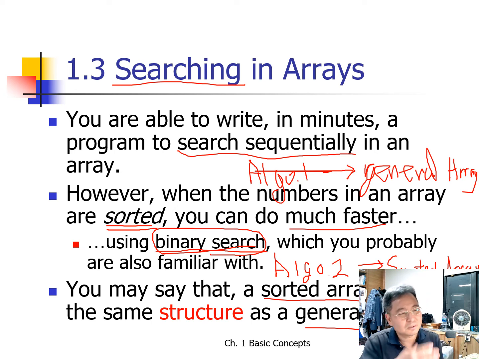Both algorithm and data structure are tightly correlated, or tightly coupled. We cannot think separately about algorithm or data structure. We must think about algorithm and data structure simultaneously.